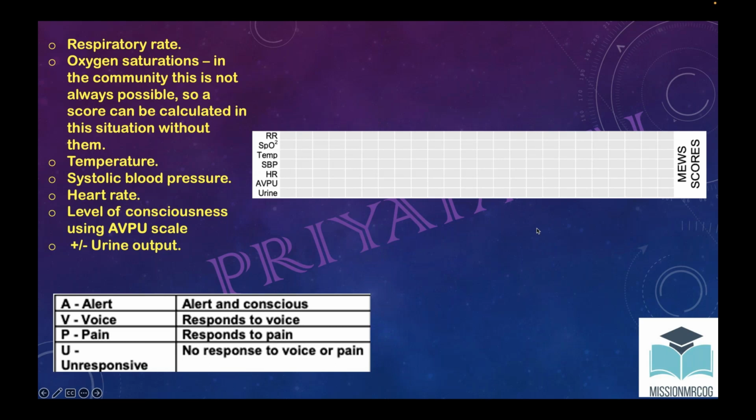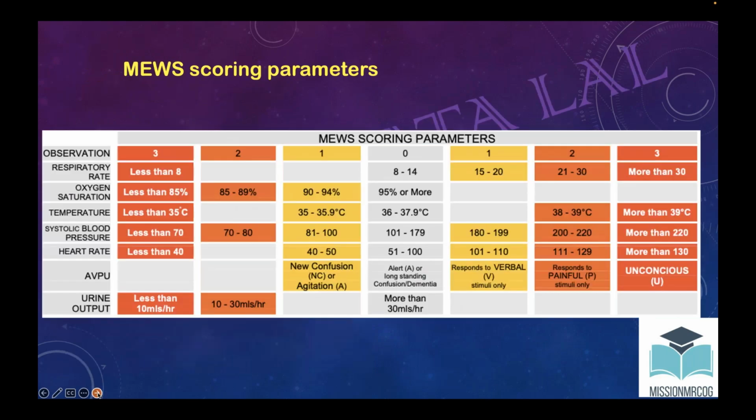Now this is the MEOWS scoring pattern. They have given the parameters, like if your patient is here, then the score will be 0. Sometimes it is white or sometimes it is gray. So if the 0 is there, then the patient is fine.